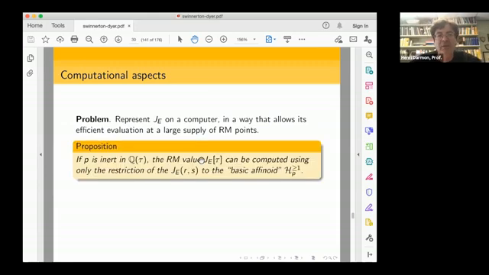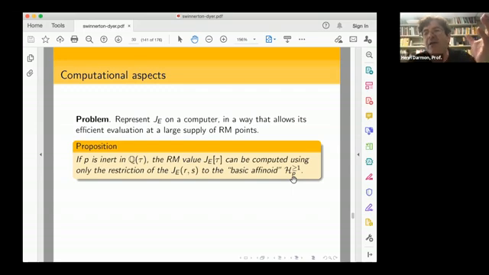The first proposition which is useful in this is that if the prime p, which is fixed for us because we fixed an elliptic curve of conductor p, is inert in the real quadratic field generated by tau, then this RM value can be computed using only the restriction of this modular symbol to the basic affinoid H_p greater than 1, which I introduced earlier in my lecture.